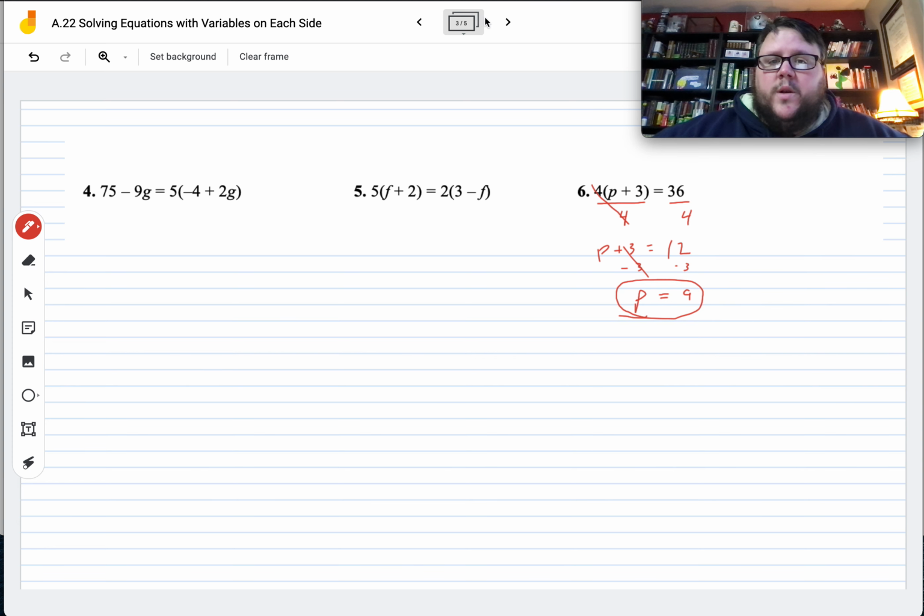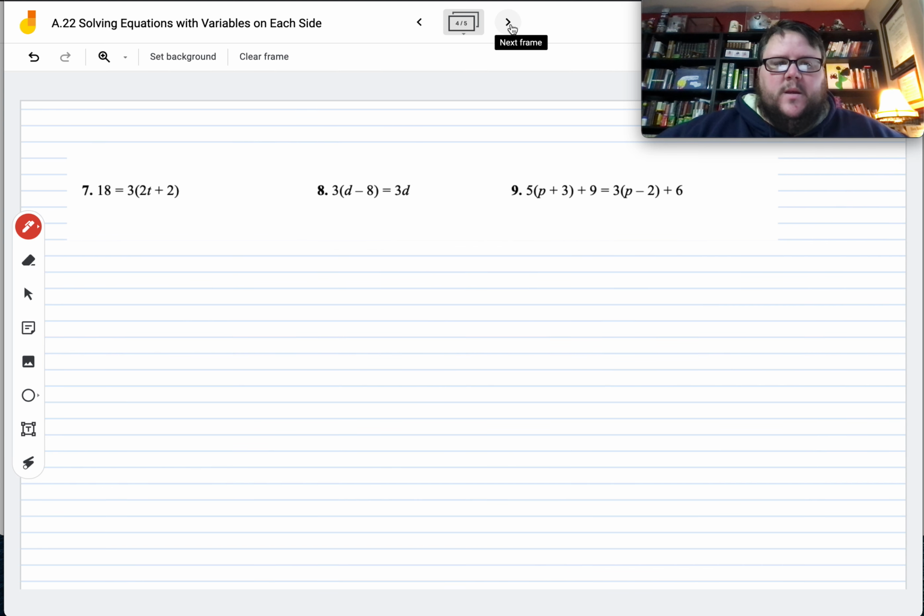So that was a quick one to do. If you recognize that you don't have to distribute that 4, you can actually get rid of it. You could do the same thing with number 8. If you take a look at it, a 3 is being distributed. If you divide both sides by 3, you're in a good situation. Same thing with number 7. 18 is divisible by 3, so you can divide by 3 over there as well.